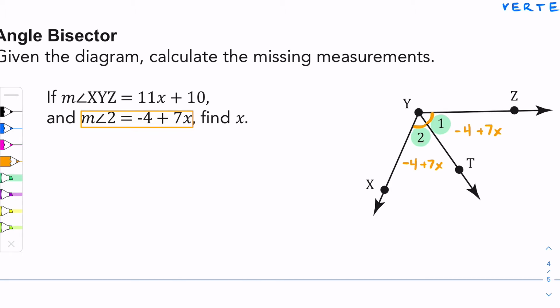That means YT is a bisector. I should be more specific. Ray YT is an angle bisector. Okay, if it's an angle bisector, that means we can set the angles equal to one another, and we can solve for x.